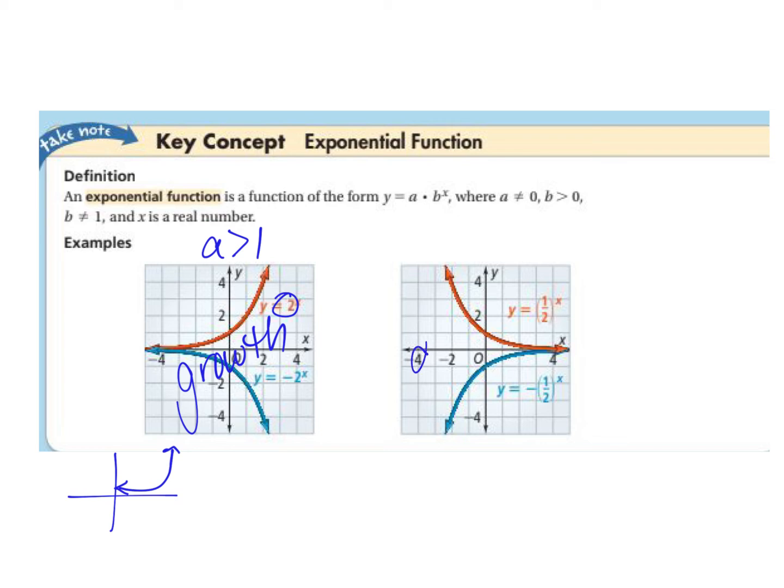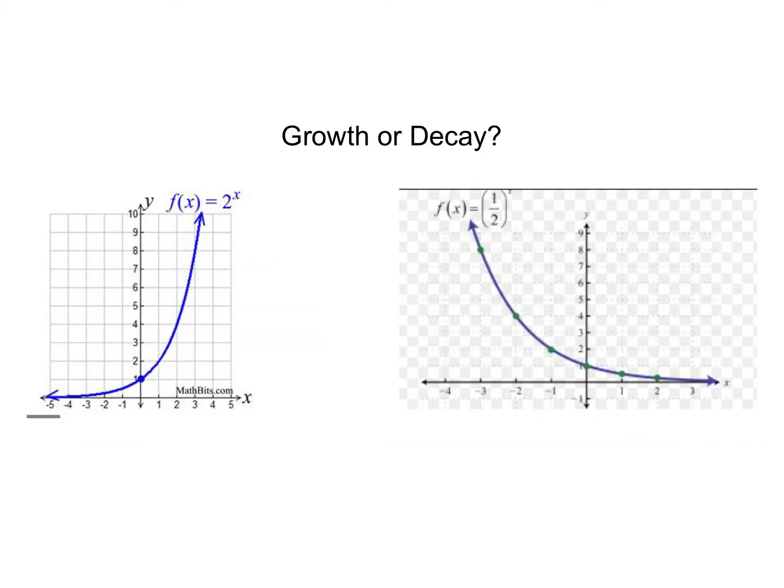Well, here, this would be decay. And we know it's decay because these values are less than 1 but greater than 0. So when we sketch decay, it goes down like this, from left to right. This first one is going up from left to right, so this would be growth. This one is going down from left to right, so it would be decay.